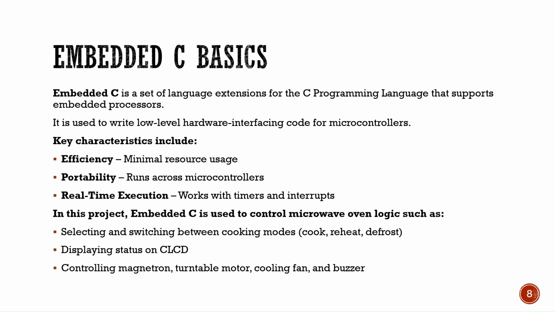In this project, embedded C is used to control microwave oven logic such as selecting and switching between cooking modes, displaying status on CLCD, controlling magnetron, turntable motor, cooling fan, and buzzer.